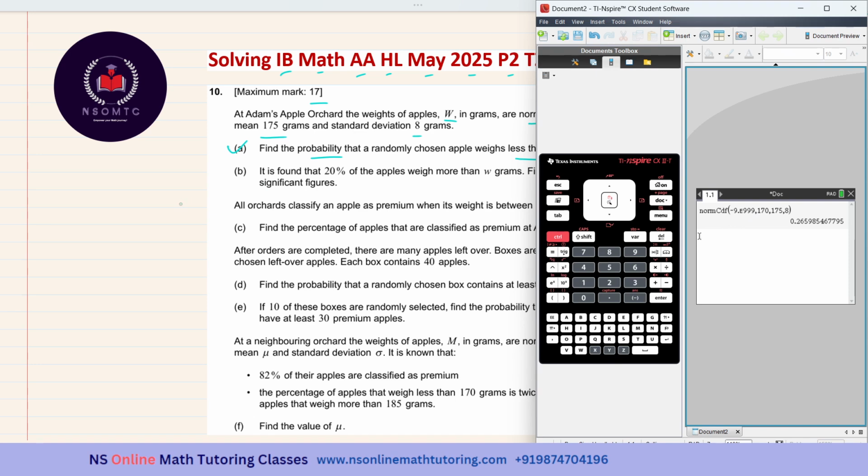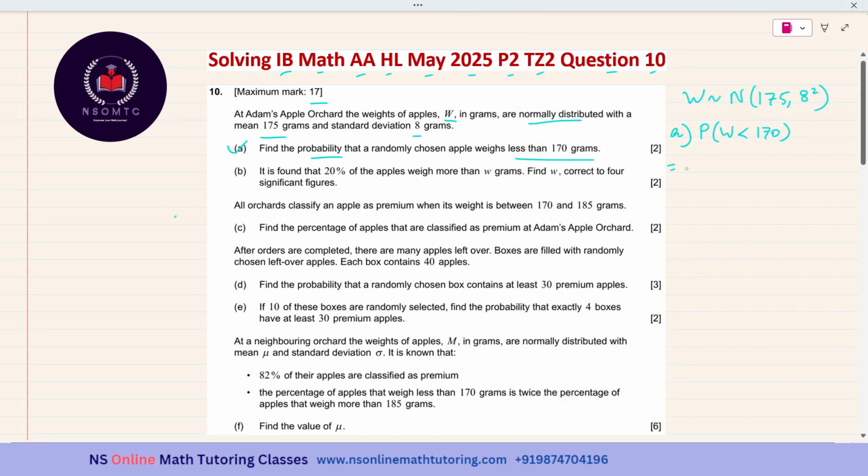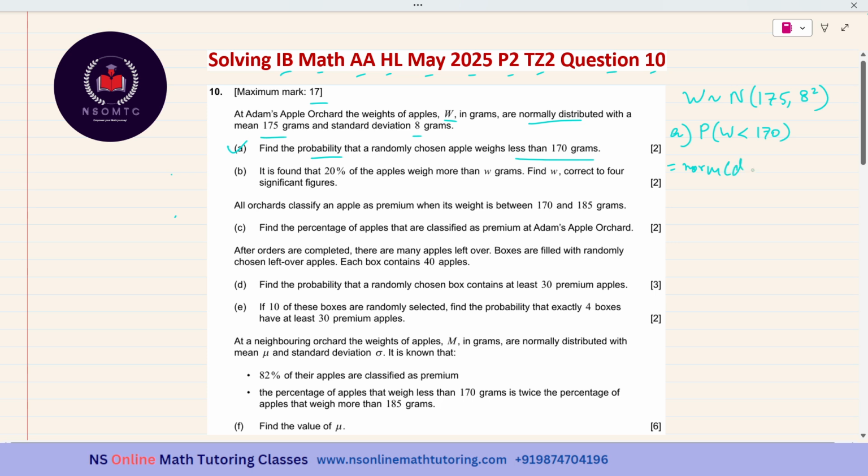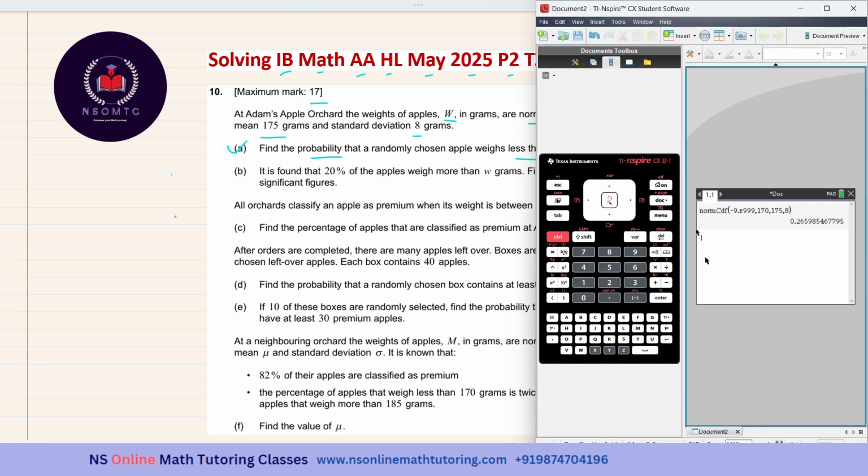We have to write this, and it is better to write it because we are not showing any working. Norm CDF, with CDF in caps, and then you can write negative infinity, or minus 99999 anything, or minus 9 times 10 to the power of 999.